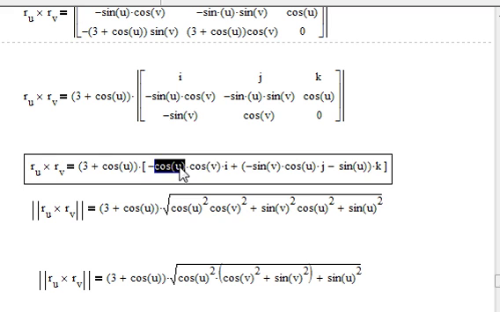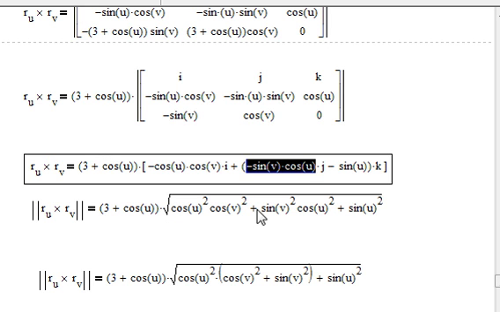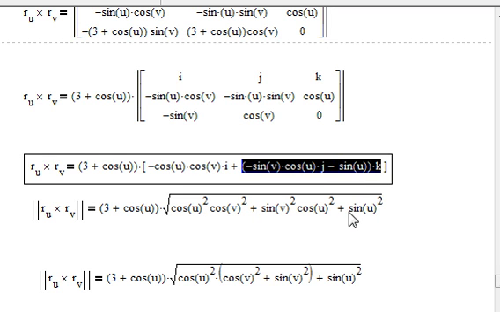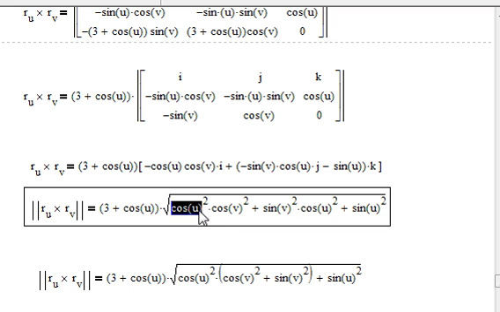Square this mess, get this mess. All right, we got our messes taken care of. Now, the nice thing here is I think something factors out and cancels. We have cosine squared u here and here.